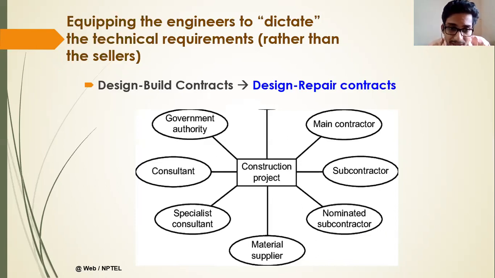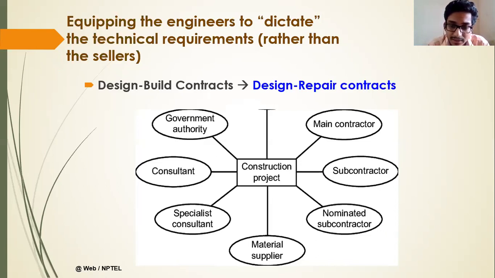So one person should take care of all the things. He, or that particular group of any company or construction project, should maintain proper communication with all the stakeholders that you are viewing on the screen. There are n number of stakeholders: government authority, consultant, and a special consultant, which is very important in the case of repair work, because to get the root cause you may need to consult a special consultant.